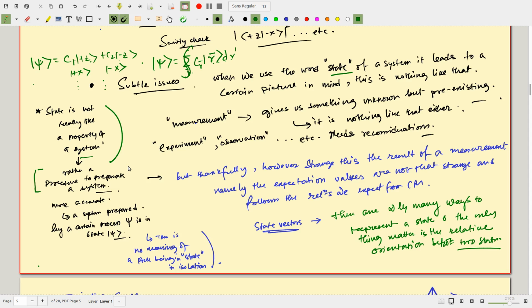The only thing that matters, as I said, is the relative orientation between these two vectors. That is what we demonstrated: when a system is in one particular state, and you perform one measurement, then another measurement, their relative weight and relative probability amplitude matter, but the state itself does not matter. That is what I wanted to discuss here.